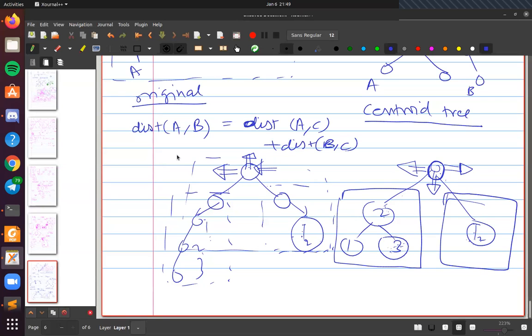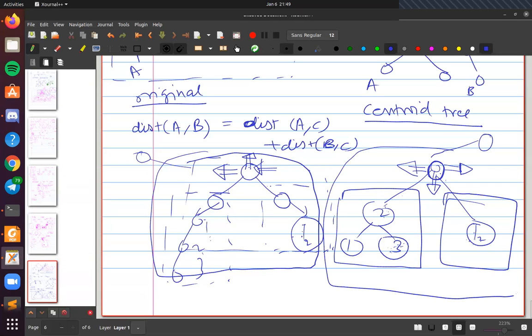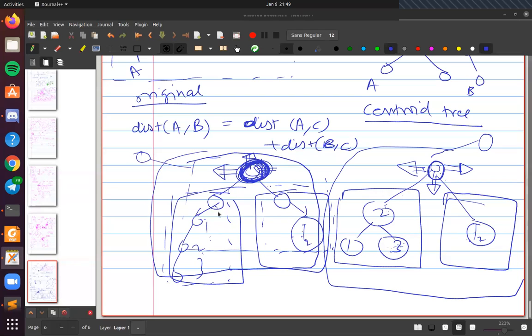Because before removing the centroid, if the centroid was this, then this whole thing would be in the same component. So it was like some ancestor of this. But now when I remove this centroid, it would be the LCA because now they have been disconnected.